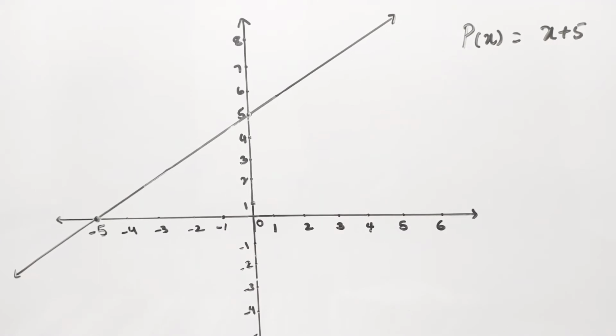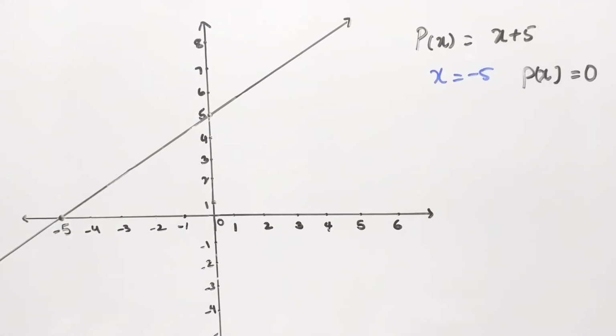Simply because if I put x is equal to minus 5, you will get p(x) as 0. Which is why they are called zeros of the polynomial. So geometrically, the zero of the polynomial is where the curve cuts the x-axis. So in this case, for this polynomial, the zero is at x is equal to minus 5. Because it's a linear equation, this particular equation has just one zero.